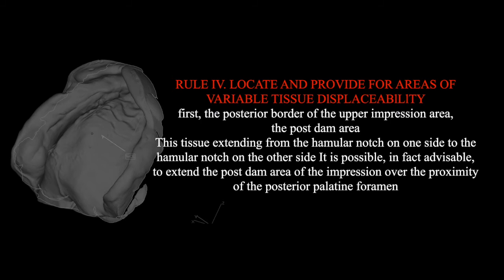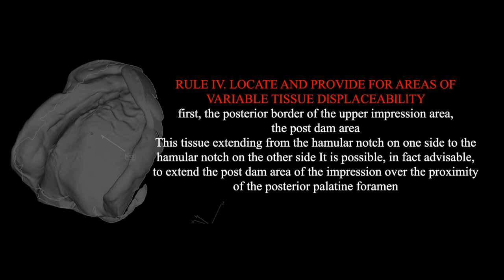So let's go back to rule 4, locate and provide for areas of variable tissue displaceability. This rule 4 applies to maxillary impression taking. The first is the posterior border of the upper impression area, the posterior dam area, this tissue extending from the hamular notch on one side to the other hamular notch.